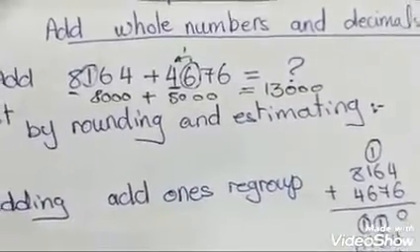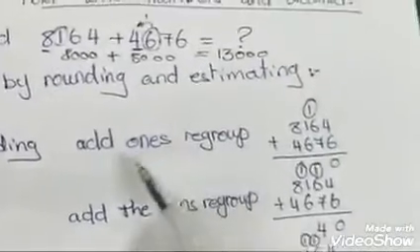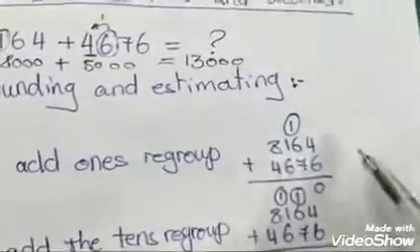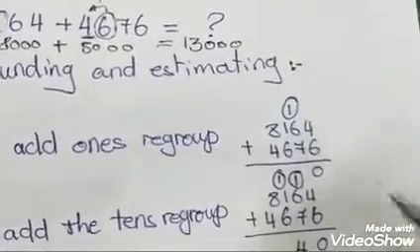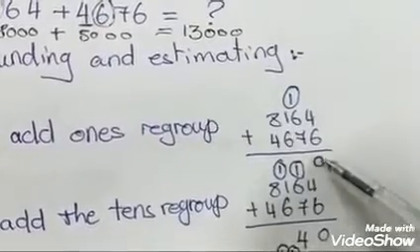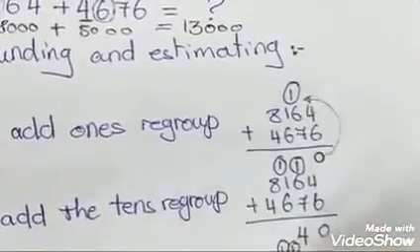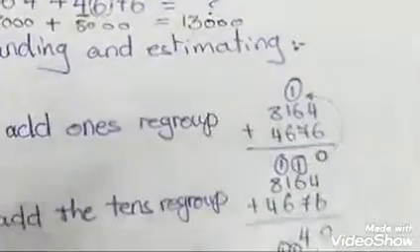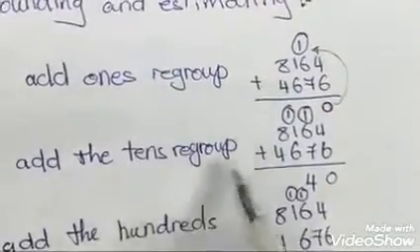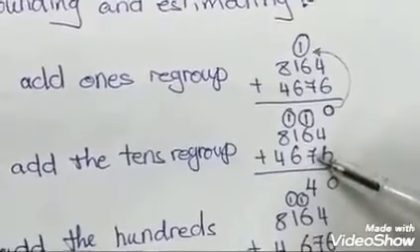Now, if I want the accurate or exact number, first I have to add the ones group. 4 plus 6 equals 10. I will put the 0 and carry 1 up. Then I will add the tens group. 6 plus 7 equals 13.